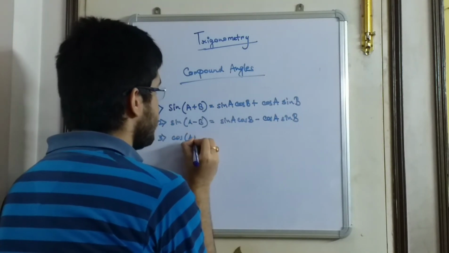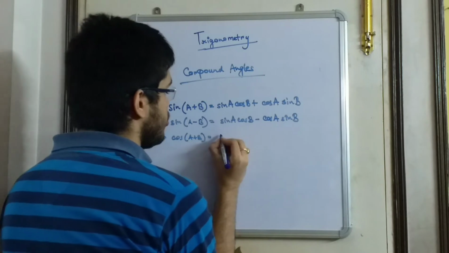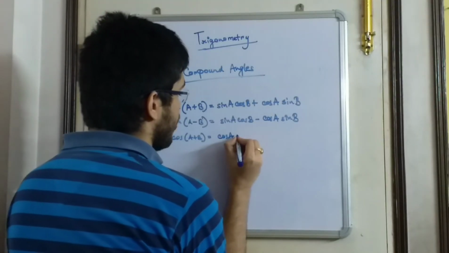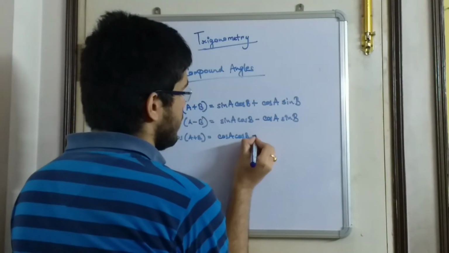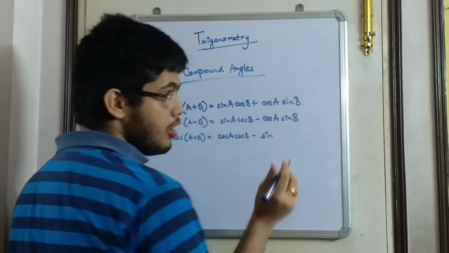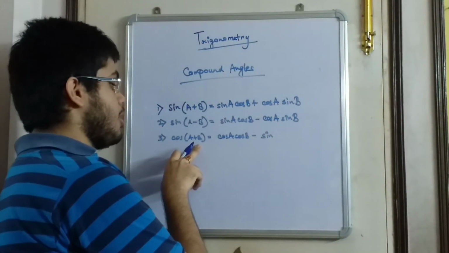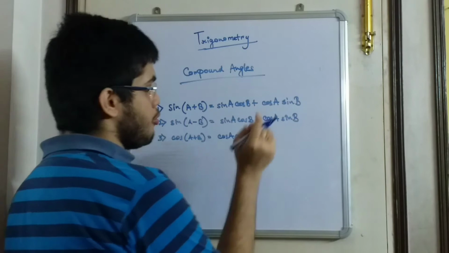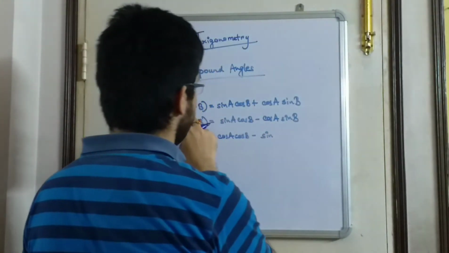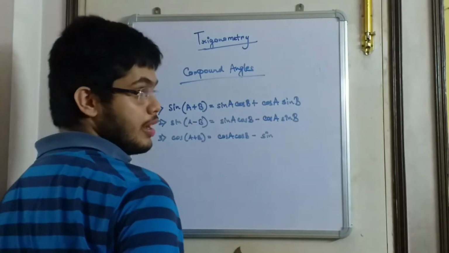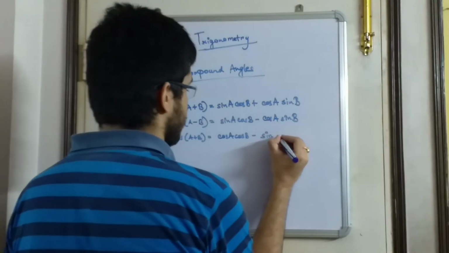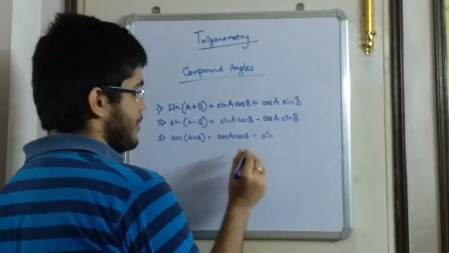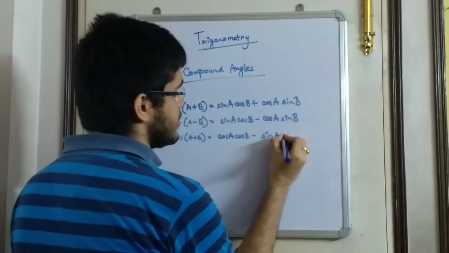Cos of a plus b is equal to cos a cos b minus sin a sin b. For cos, if the compound angle has plus, then the formula will have minus, opposite. And for sine, if it is plus, here also plus. Okay. So cos of a plus b is equal to cos a cos b minus sin a sin b.